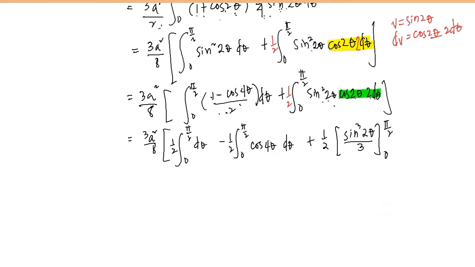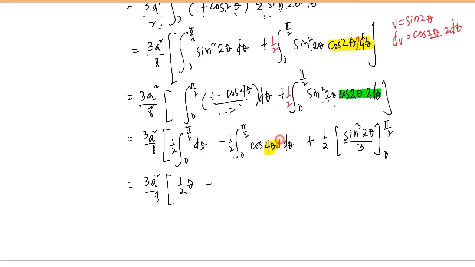So evaluating the integral of our first and second term, we have here 3a squared over 8 multiplied by 1/2. The integral of d theta is theta minus, as you can see here, we have the angle for theta, and the derivative of 4 theta is 4 d theta, so that's 4 d theta.